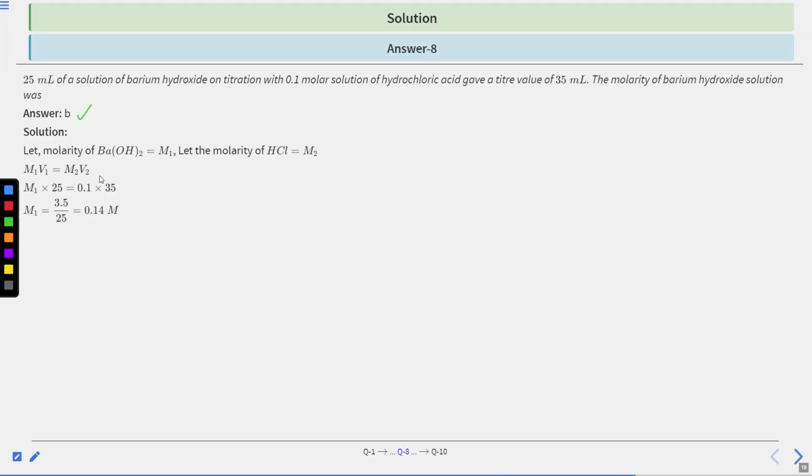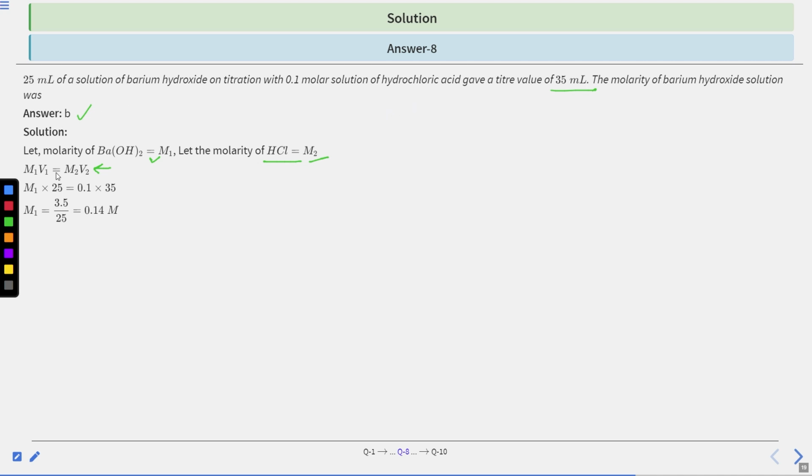So let the molarity of the barium hydroxide solution be M1, and let the molarity of hydrochloric acid be M2. So M1V1 equals M2V2, we know, and we can apply it as it is the titration volume, which is coming out as 35 ml, right?